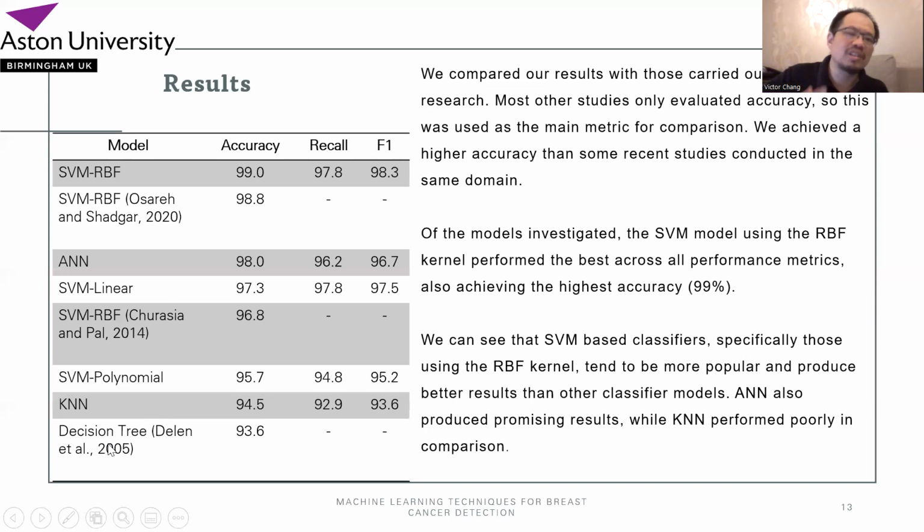We have been running a number of different machine learning algorithms, and we have the results through the use of accuracy, recall, and F1, which are quite commonly used in the AI or ML community.